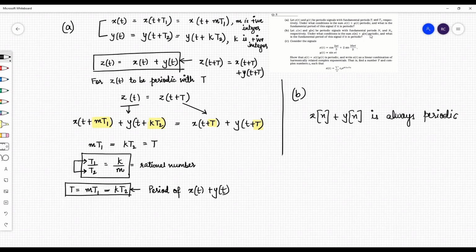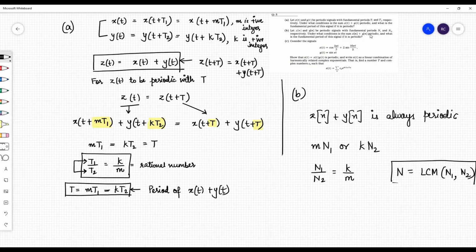The period would simply be m times N1, or k times N2, if you write the ratio of N1 upon N2 in the form of k by m, or you could also say that N is simply the LCM of N1 and N2, the lowest common multiple.